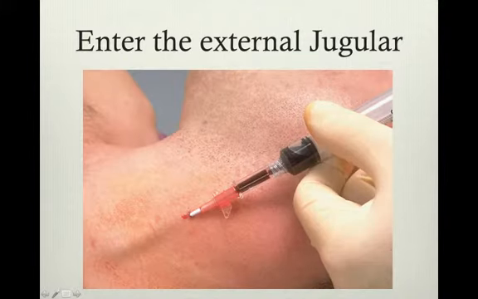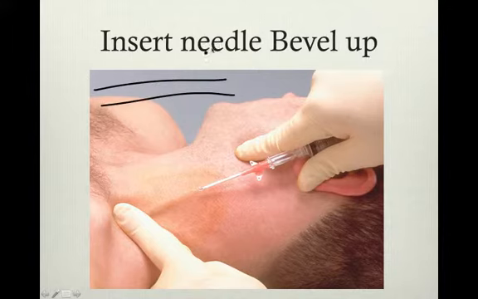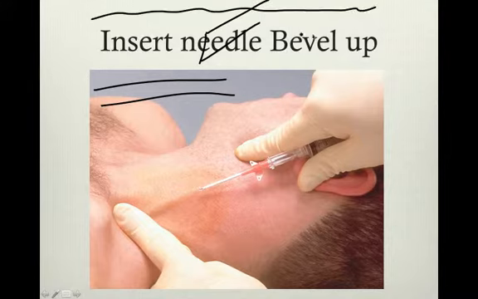Enter the external jugular. Again, I'm going to back up one here. Whenever you enter the vein, let's say that this is the vein and that's your needle, bevel up. You're already in the tissue. Whenever you enter the vein, you know that you're in there.